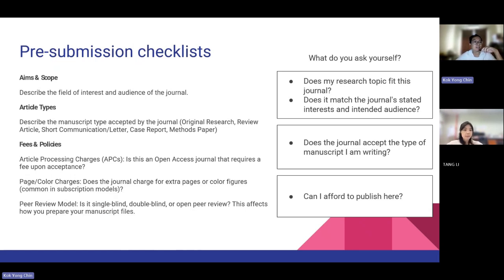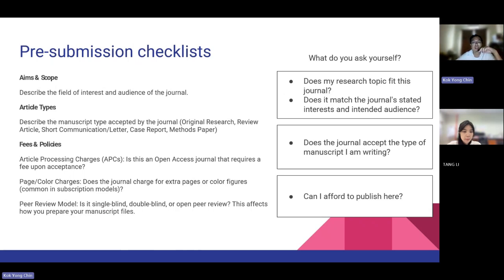It also describes the article type. What kind of article can be accepted or considered by the journal? Usually original article, review, short communication, letters, case report, methods paper. There are some journals which will not consider review. Some journals like BMC, PLOS ONE, Scientific Reports, PeerJ, not PeerJ, PeerJ now considers review.